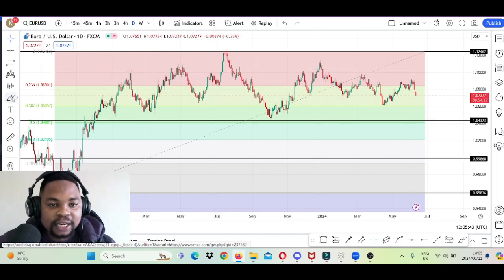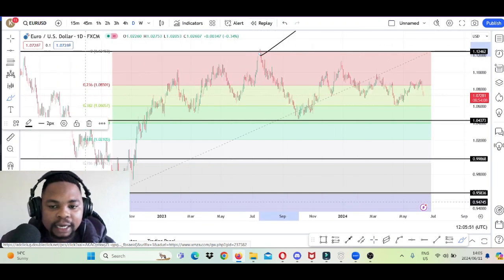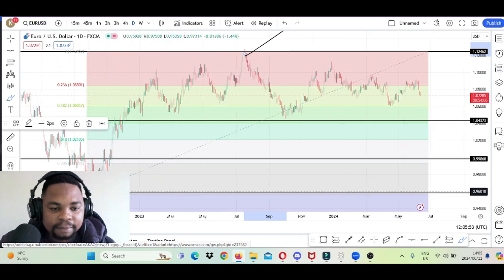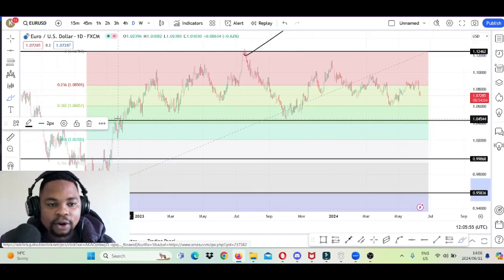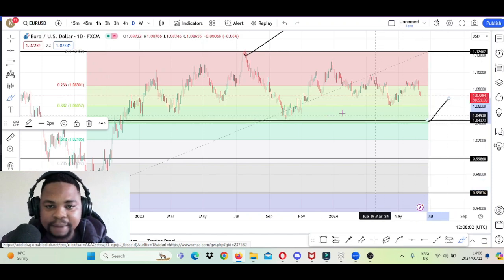So for example, as you can see, there at the top I said it's my resistance. As you can see, the market was turning there. There at the bottom I said it's my support. The market turned there. The 0.5, which is a very important key level, as you can see, we actually started buying there.